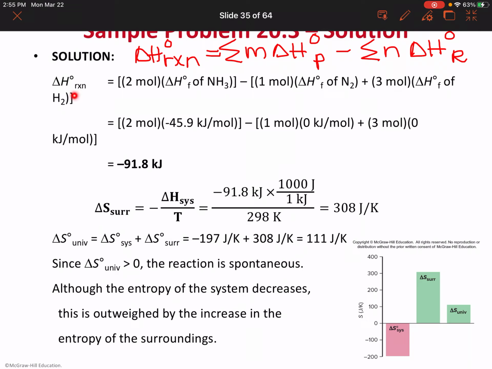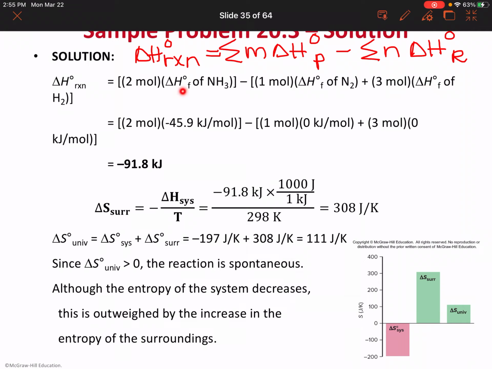Now delta H reaction. There were 2 moles of ammonia. Ammonia is the product, right? Enthalpy of formation for ammonia times 2. These values for ammonia, nitrogen, hydrogen, enthalpy of formation, we can find from the appendix. Also in a problem you will be given these values.